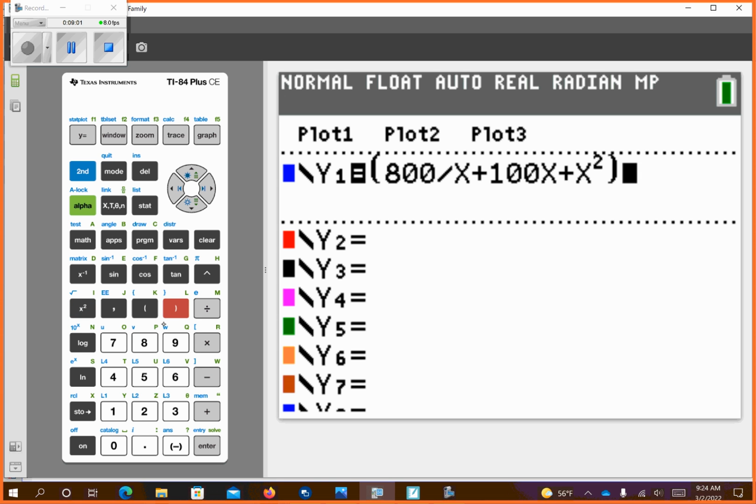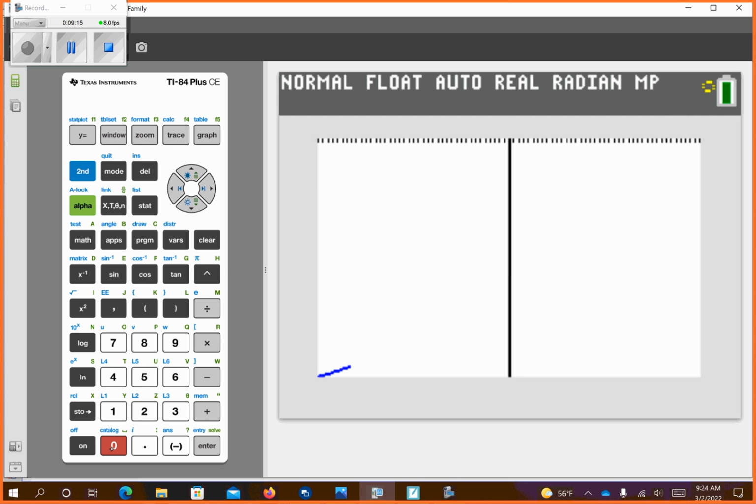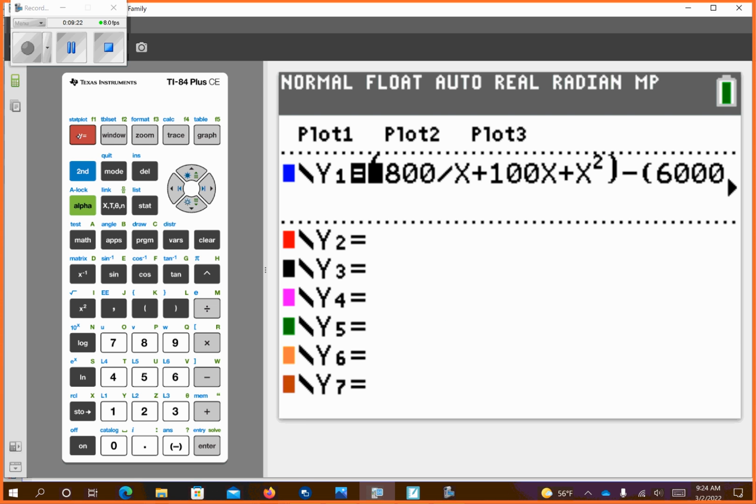I think that should work. And then I'm going to subtract my 60,000 minus 50x. If I do a zoom fit, so zoom 0, it's giving us that. I'm curious if I have that plotted right. Let me go to Desmos. I don't trust the graphing calculator.